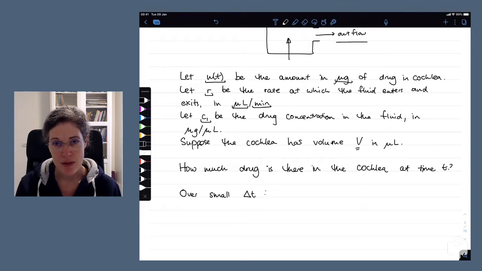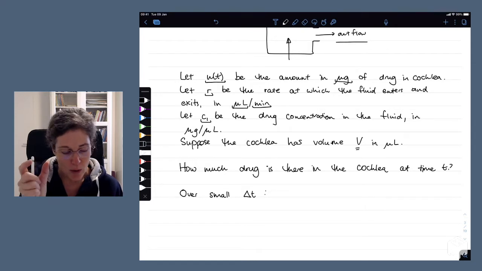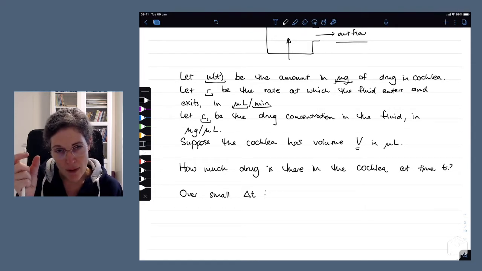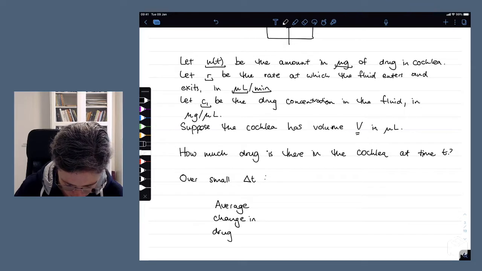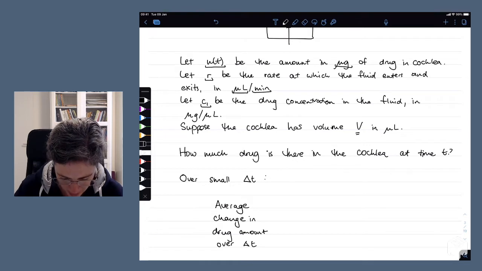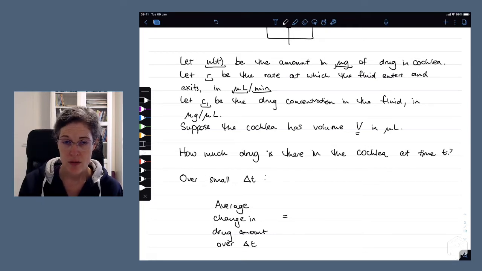Well, let's think about the system. Let's think about what happens in our cochlea over a small time period, a small delta t. If we think about the average change in the amount of drug over delta t, what is causing the change in the amount of drug?